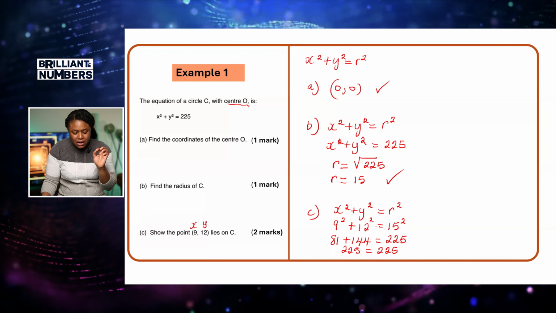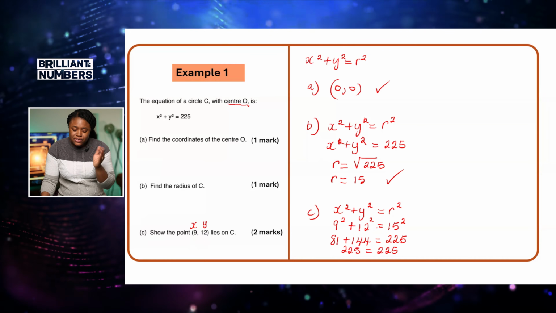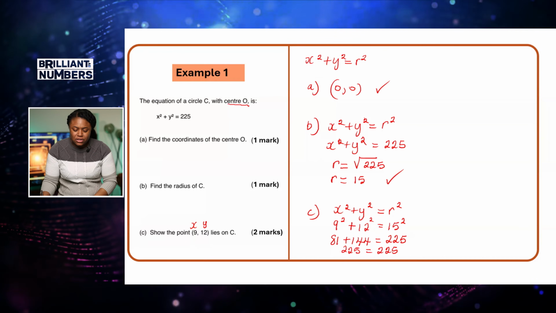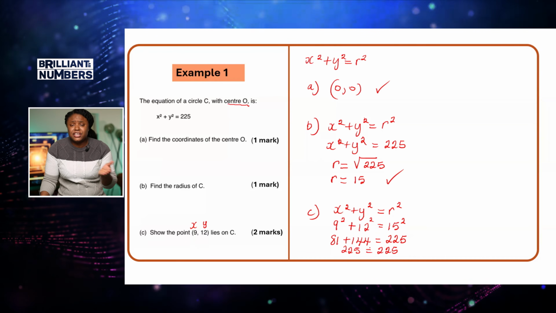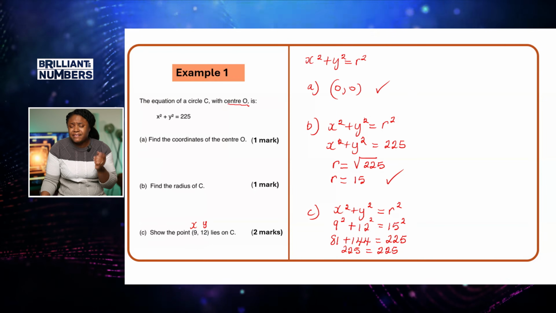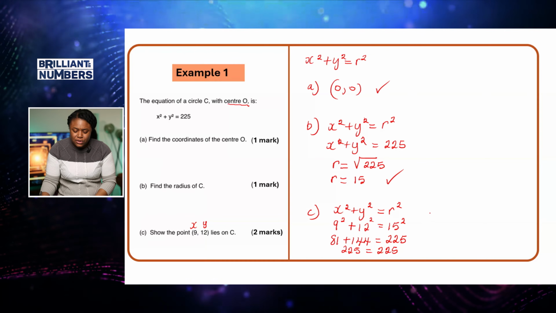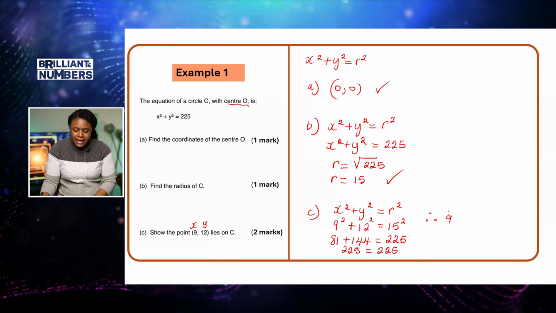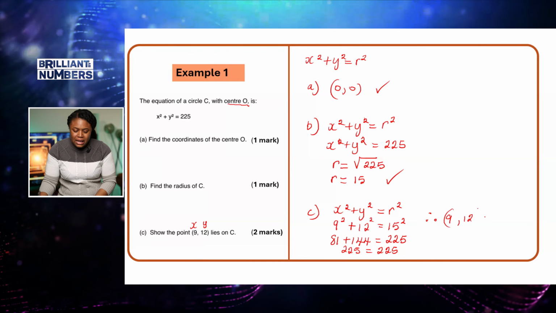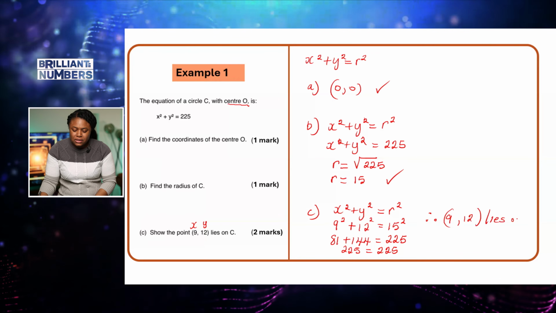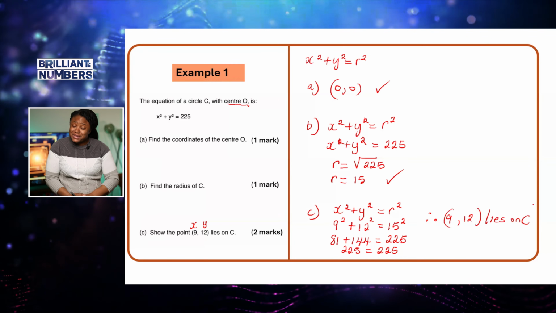You were specifically asked to show that it lies on the circle, so now make your conclusion. The fact that both sides are equal to 225 indicates that the point, so you're going to say therefore, (9, 12) lies on C. Beautiful.